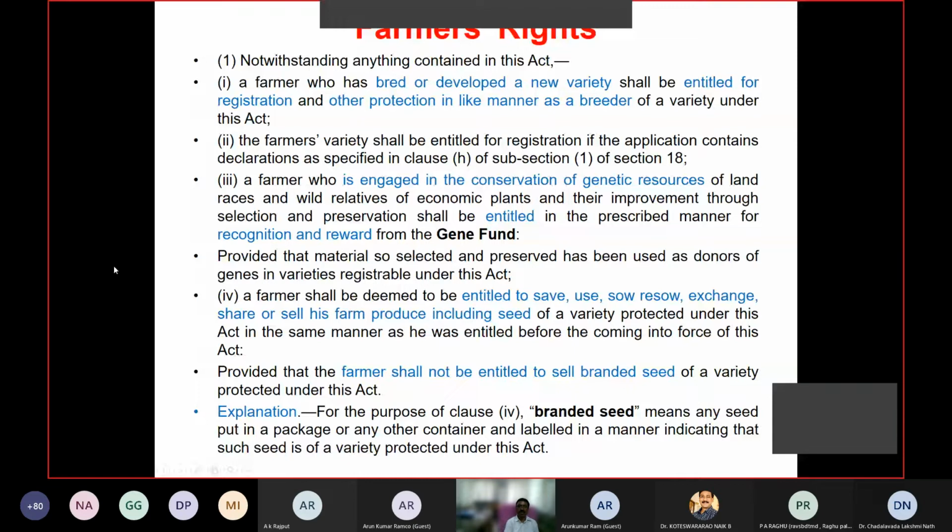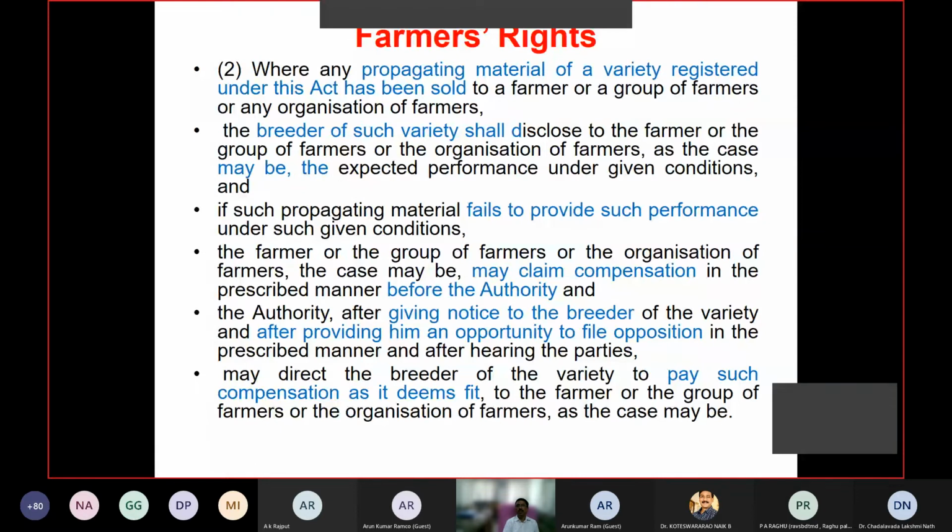I mentioned in detail about the propagating material, his rights over that propagating material, and the plant variety registering authority. Either a farmer, a group of farmers, or an organization can claim compensation if a seed or any material sold to him is not functioning.